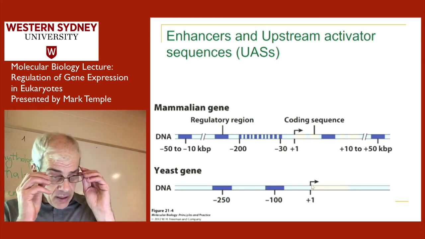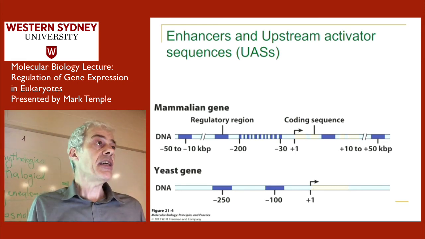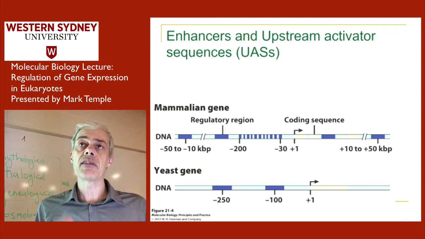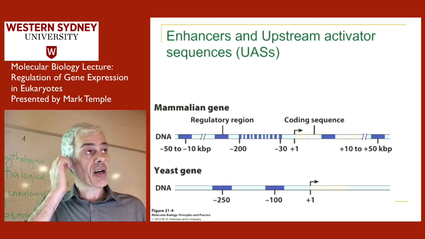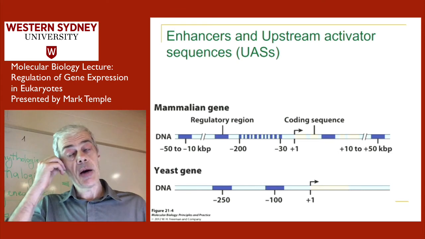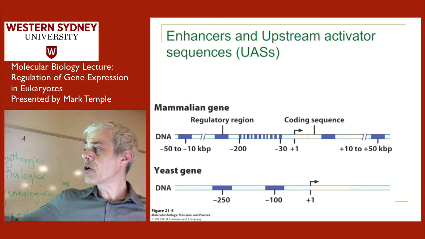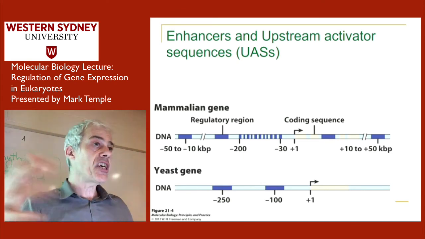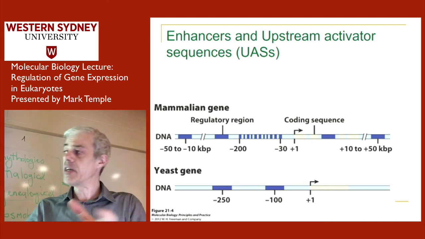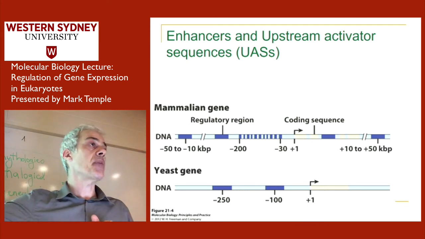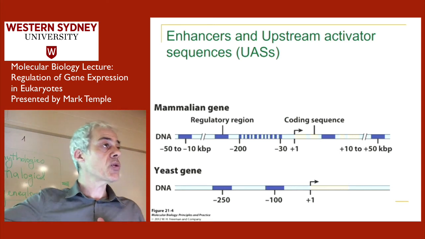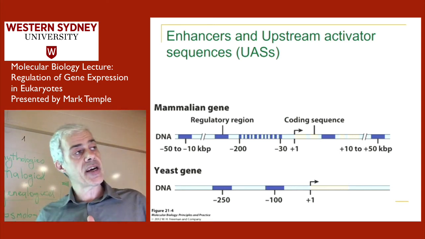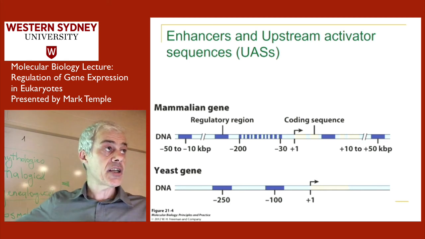If you're in a yeast genetics lab and someone says, go away and study regulation of this gene, which is the situation I was in when I was working in a yeast genetics lab, when you clone your gene and put it into a plasmid, you make sure you include at least 1,000 base pairs of the promoter, because otherwise you're going to miss important elements involved in the regulation of expression of that particular gene.